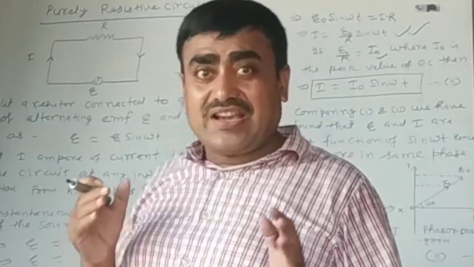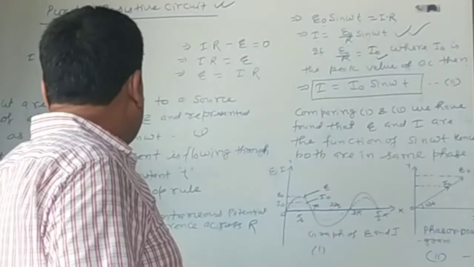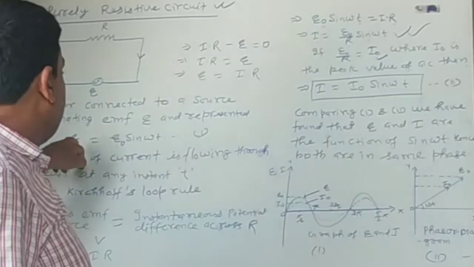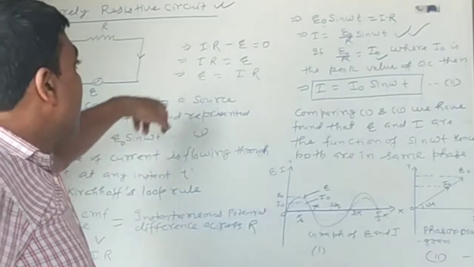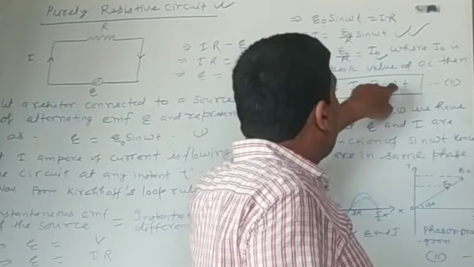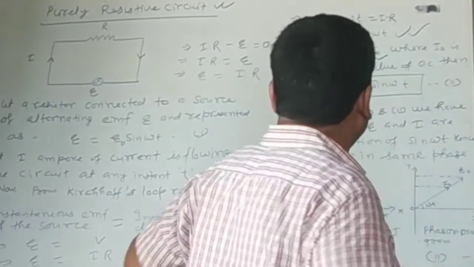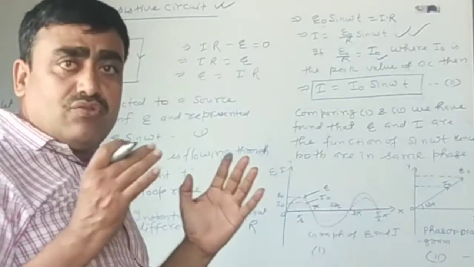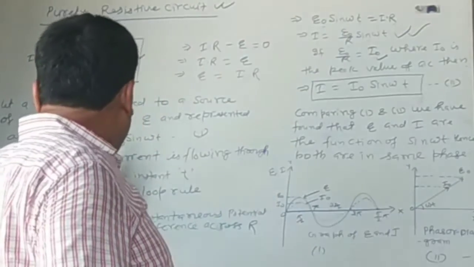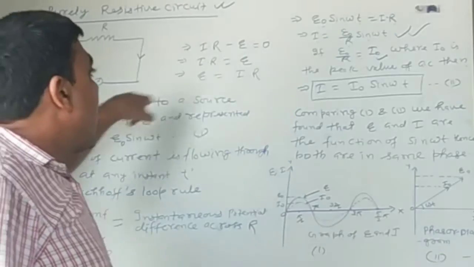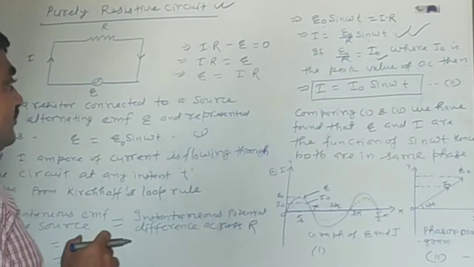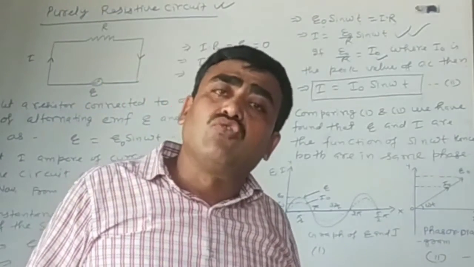When we compare equation 1, E is equal to E naught sin omega t, and I is equal to I naught sin omega t, we find that both EMF E and current I are sine functions of the angle omega t.